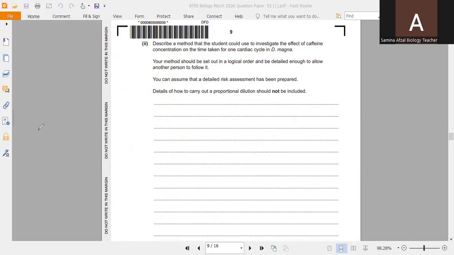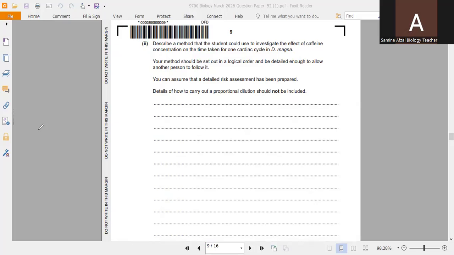Your method should be set out in a logical order and be detailed enough to allow another person to follow it. You can assume that a detailed risk assessment has been prepared. Details of how to carry out a proportional dilution should not be included.